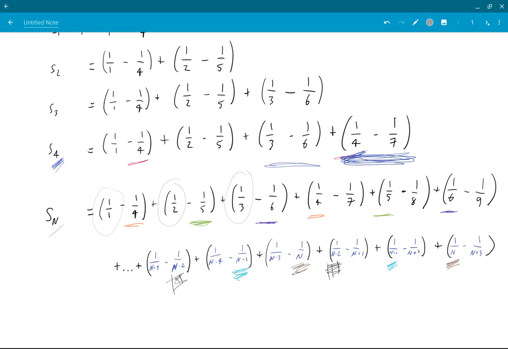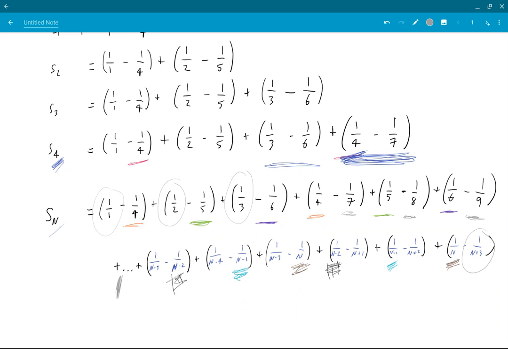This 1 over 7 here, minus 1 over 7, I can tell is going to cancel with the next term that I haven't drawn here. There's going to be a plus 1 over 7 there. And likewise, the minus 1 over 8 is going to go away, the minus 1 over 9 is going to go away. At the tail of the sum, why is 1 over n plus 3 surviving?